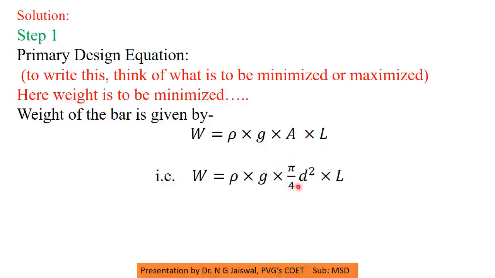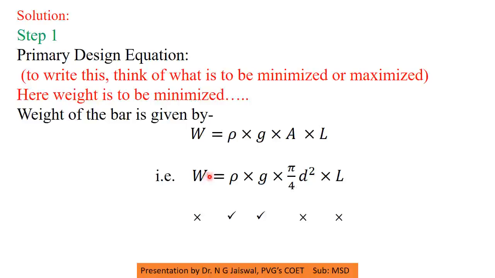So W is equal to rho into g into pi by 4 d square into L. See here, W is to be found out, and then we will find out W for various materials. The material which will give the minimum weight is to be chosen.